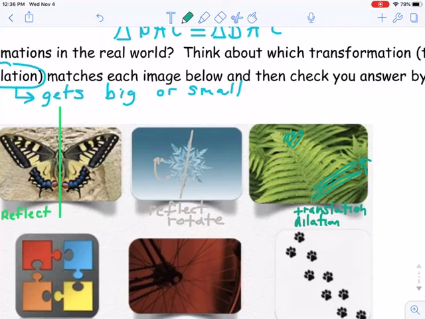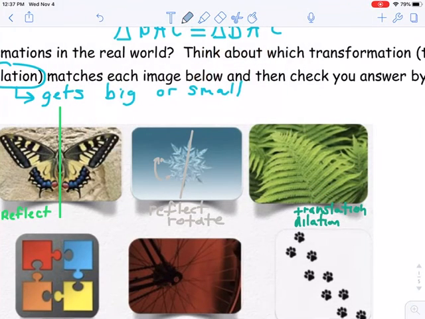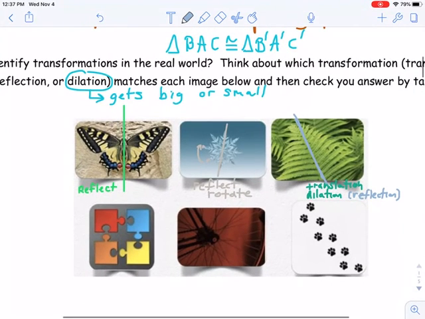So a dilation is when you make something bigger or smaller. And if you pulled it out and made it straight, I'm sure you could reflect it over that line. So we'll even put reflection. It's not a perfect example of reflection, but it's still technically a reflection if whatever kind of leaf or tree that is was pulled straight.